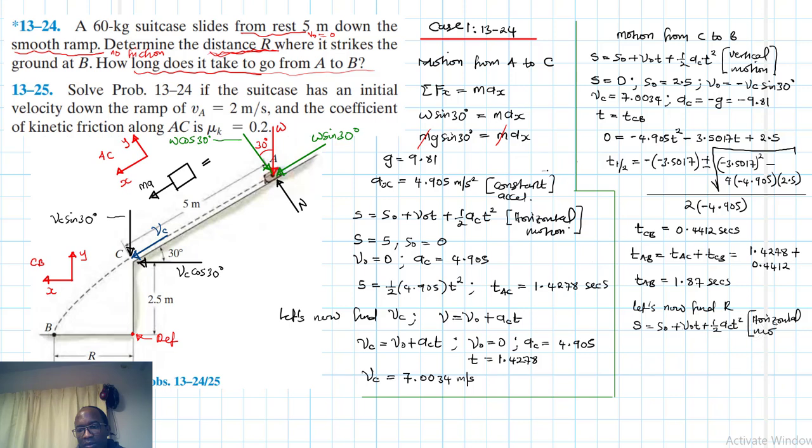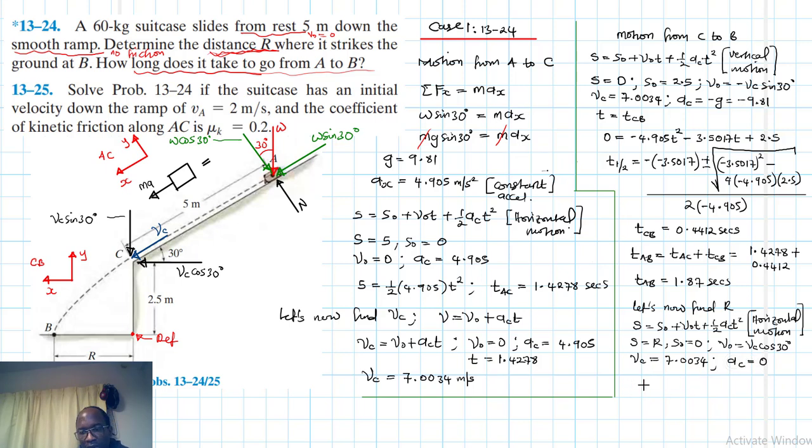Our S is just equal to the range R. Our S naught is 0. Our V naught is just equal to VC cos 30, VC itself is 7.0034, and our AC is just equal to 0.